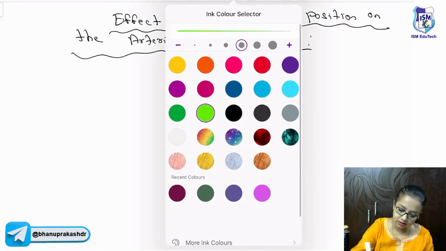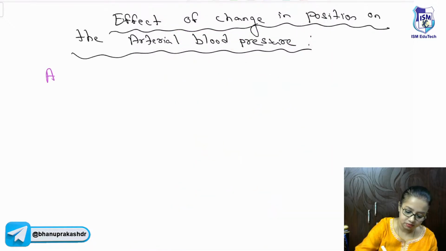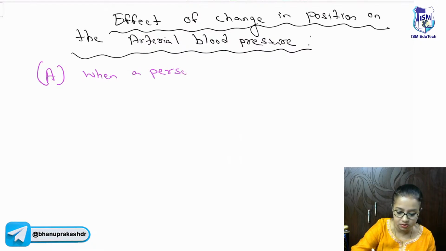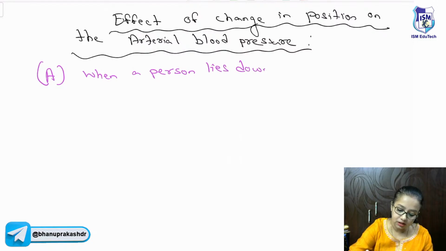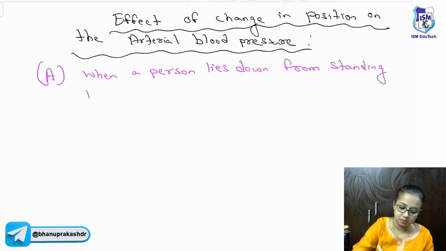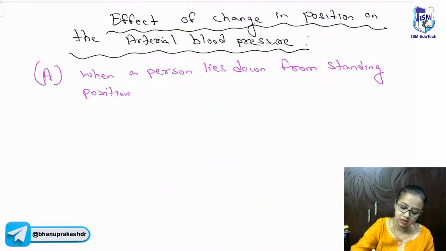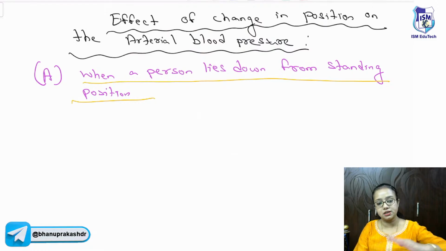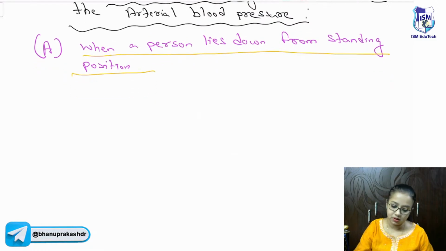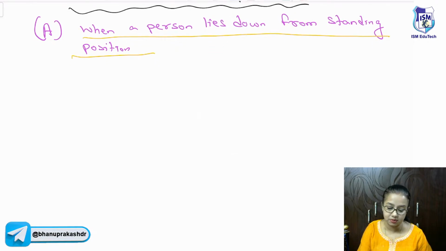The first scenario, when a person lies down from standing position. Like a person was standing, all of a sudden he sits and then he lies down. What will happen to the arterial blood pressure and how will it get corrected?